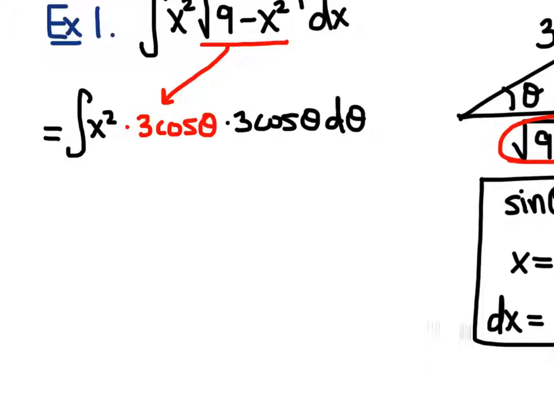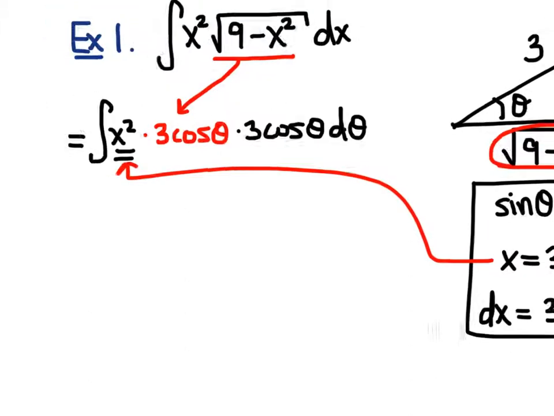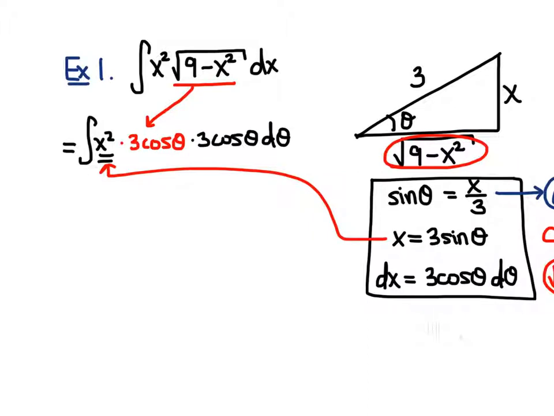Okay. Now we notice that we still have an x squared here, so we use the expression for x that we found from our triangle in our main equation here. And when we do that, we're going to find that this is the integral of 9 sine squared theta times 9 cosine squared theta, all d theta.